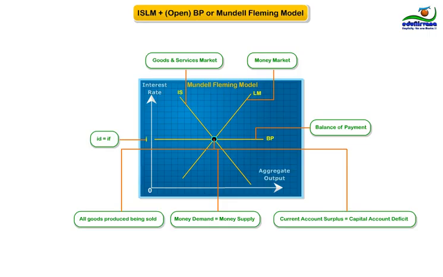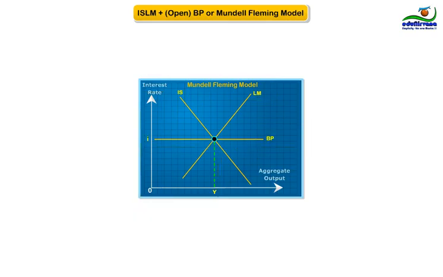This model is also known as the ISLM-BP model, where three major sectors of an economy, IS, goods market equilibrium, LM, money market equilibrium, and BP, equilibrium of current account and capital account in balance of payment, simultaneously determine its general equilibrium as a function of Y and I.